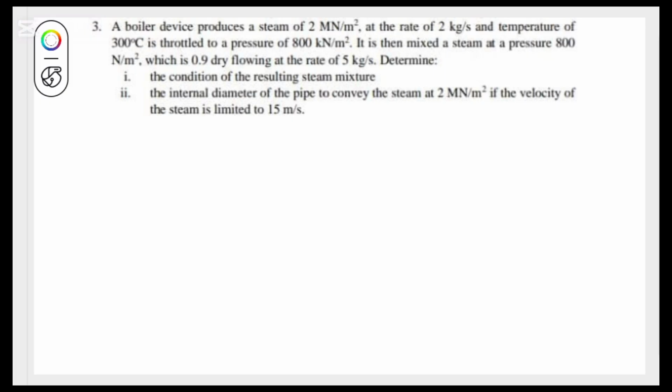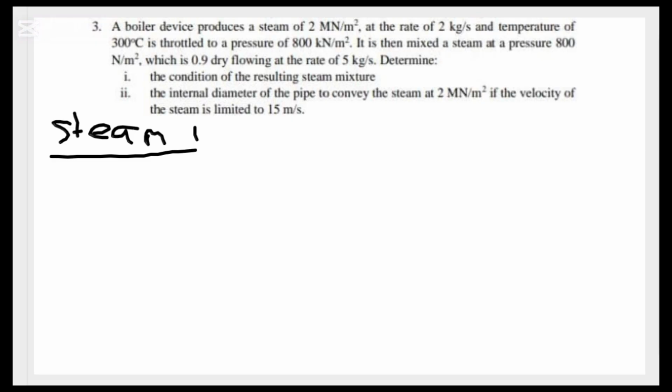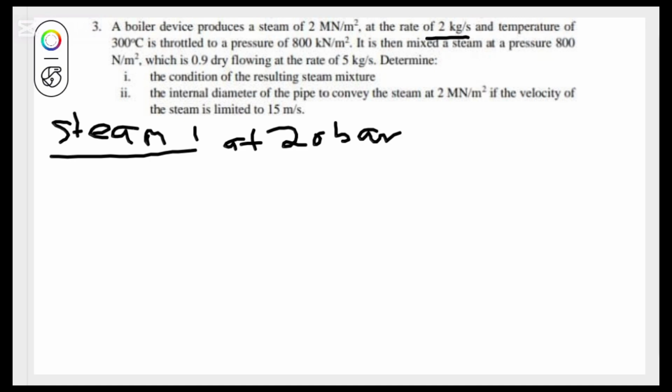Let me call this steam 1, at a pressure of 20 bar after conversion, with mass flow rate of 2 kg per second and T1 of 300 degrees Celsius. It is throttled to 800 kilonewton per meter squared, which will become 8 bar.